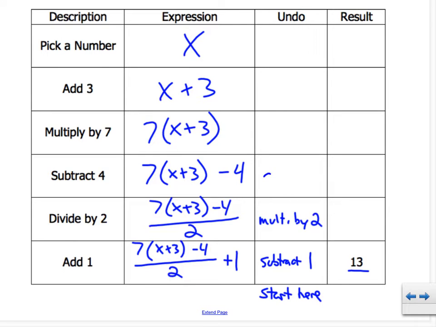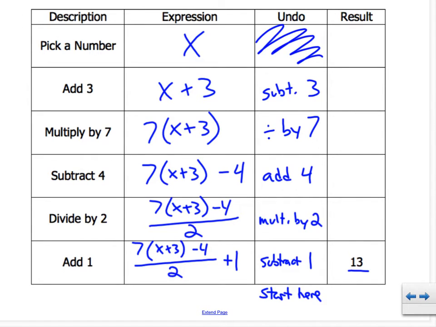To undo subtract 4, we're going to add 4. To undo multiply by 7, we're going to divide by 7. And then we're going to subtract 3. We don't really undo pick a number, so we usually leave that box blank.